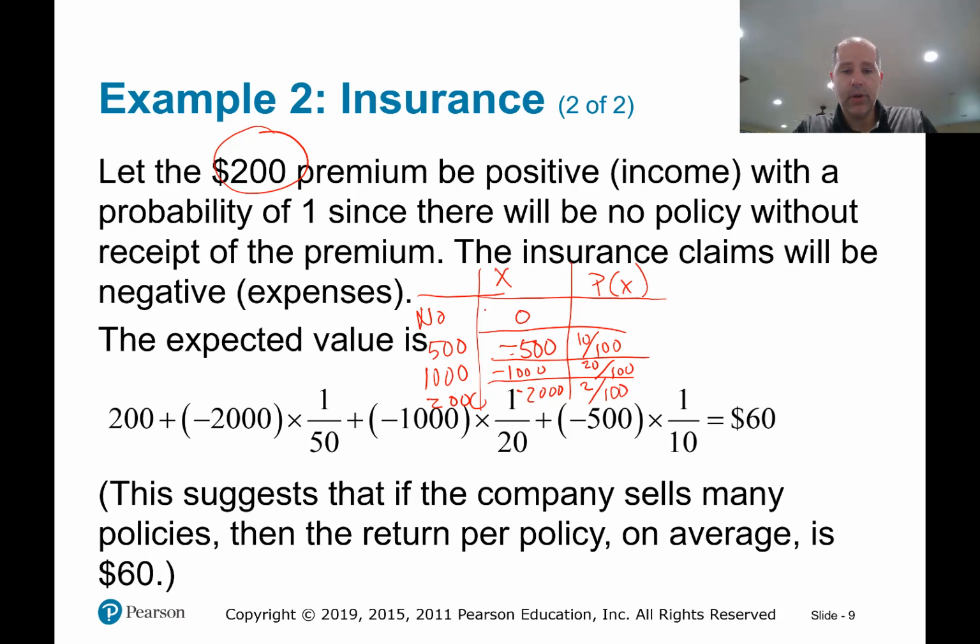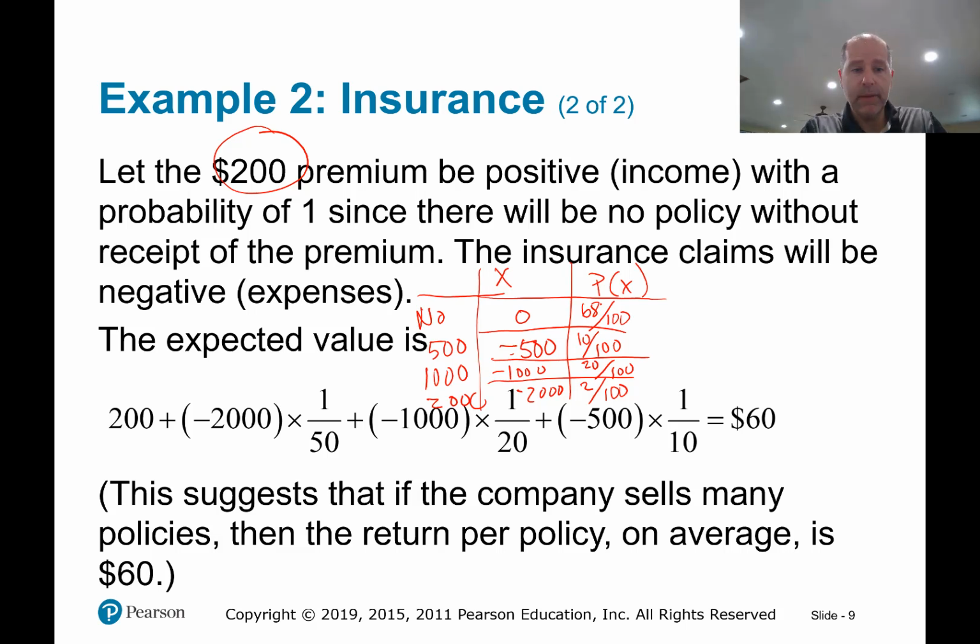It would be the complement of the rest, so 10, 30, 32. So 32 would be 68 out of 100. Okay, and we'll come back to that later.